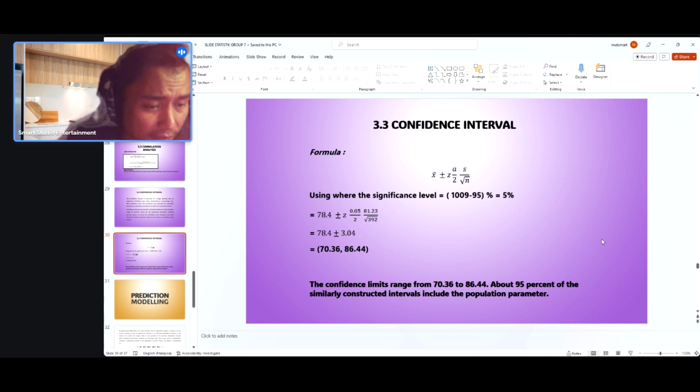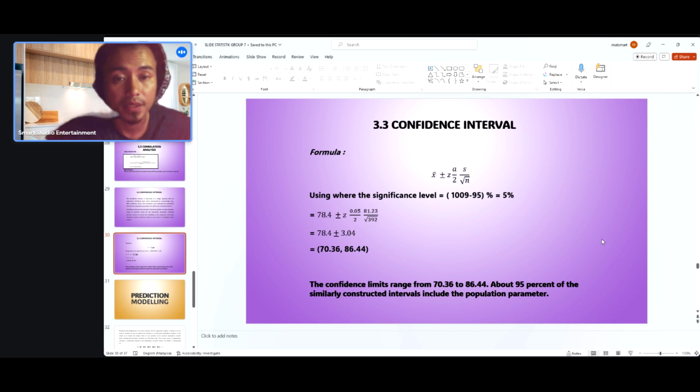You can get the answer 70.36 and 86.44. The confidence limits range from 70.36 to 86.44. About 95% of the similarly constructed intervals include the population parameter.